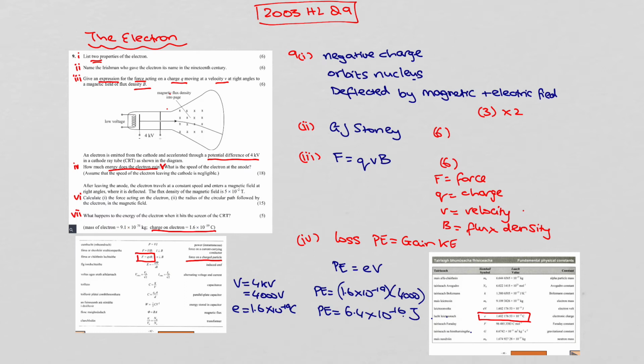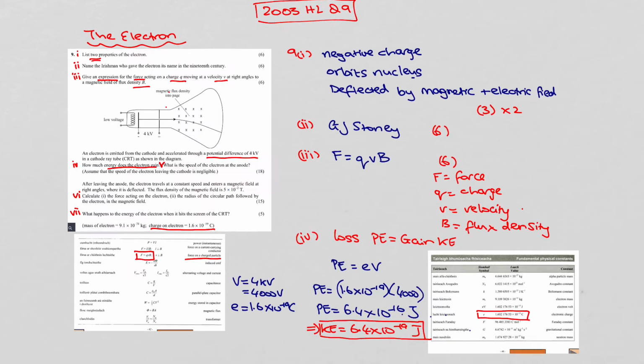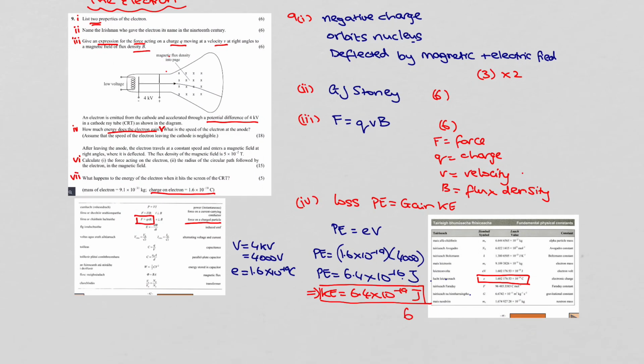And of course, that is also then equal to the kinetic energy gained. So the potential energy lost equals our kinetic energy gained. And there was 6 marks going for that. And you could have, of course, kept it in electron volts, which would be 4 kiloelectron volts. So it then says, well, what is the speed of the electron at the anode?